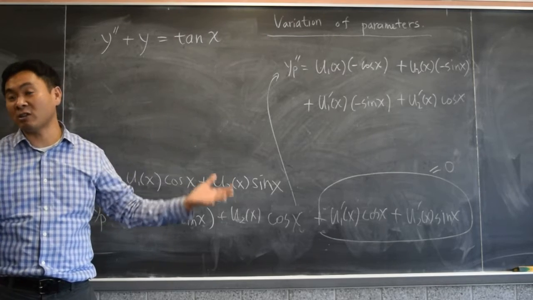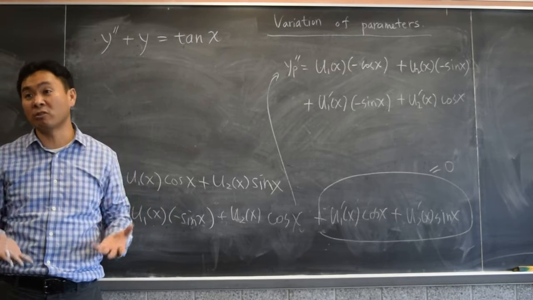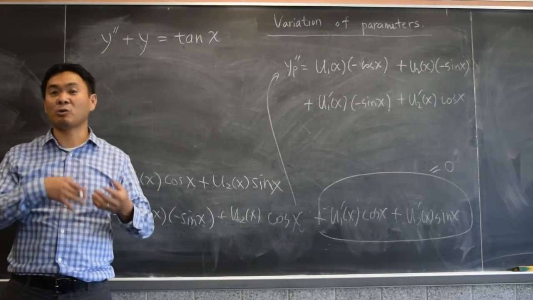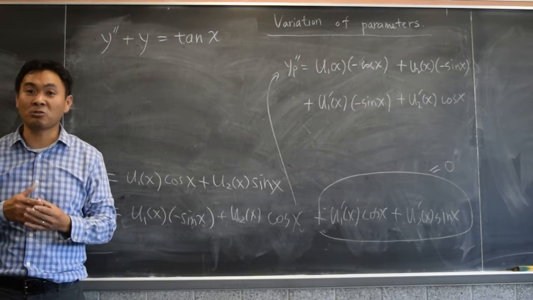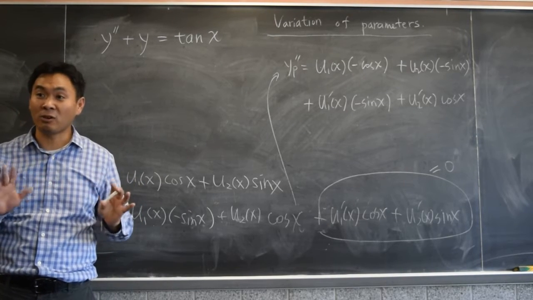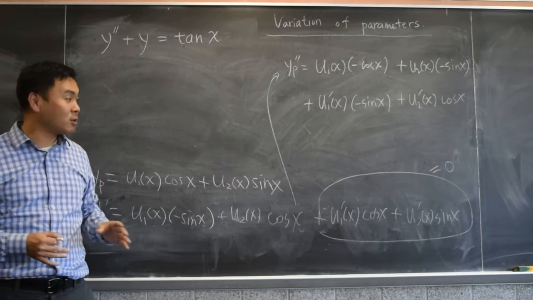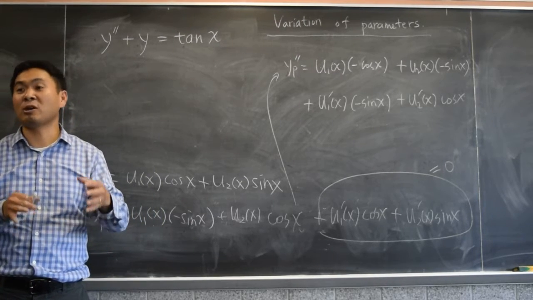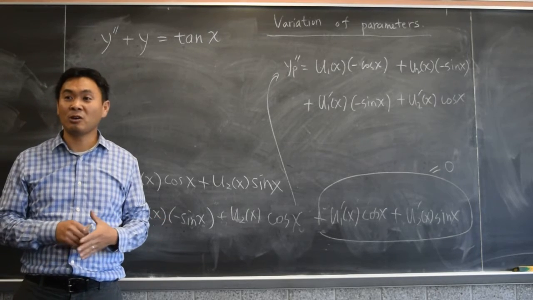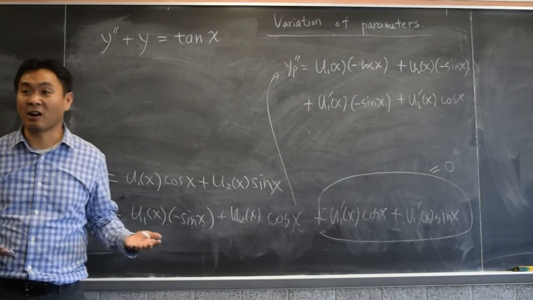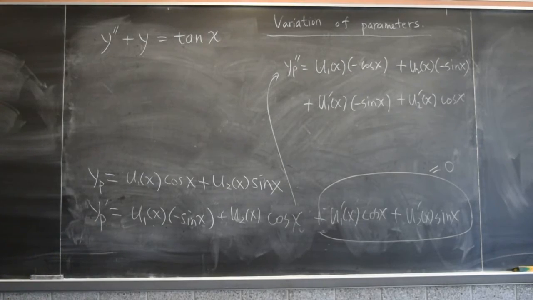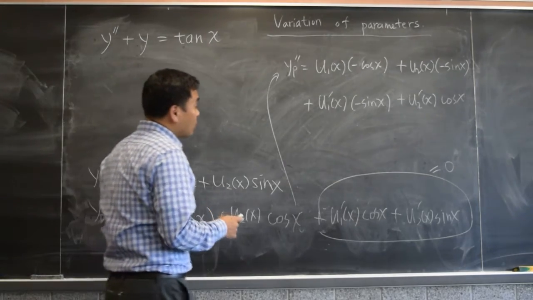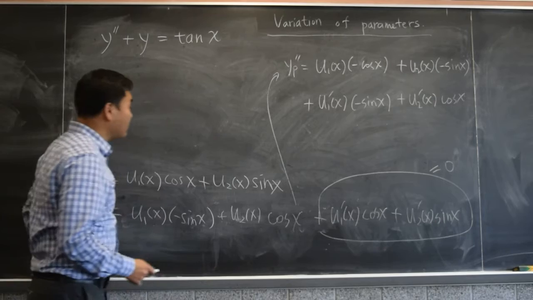If you have too many equations for the unknowns, you say this is an overdetermined system, which means sometimes those kinds of systems won't have solutions at all. If you have too few equations for the amount of unknowns, then you have an underdetermined system, which means you can't figure out what these are. You need more information.